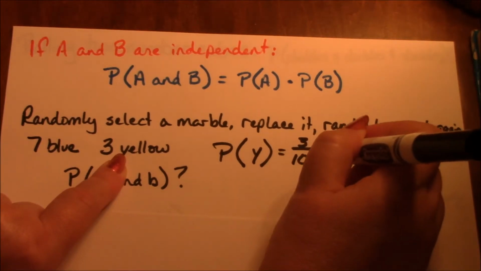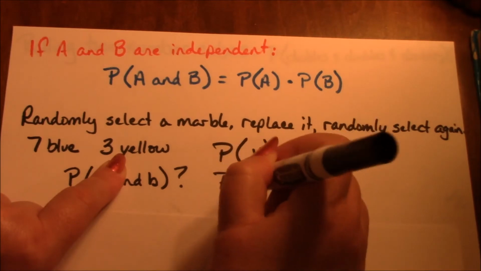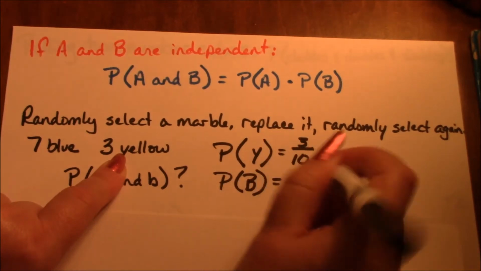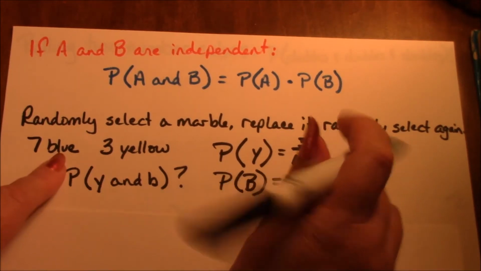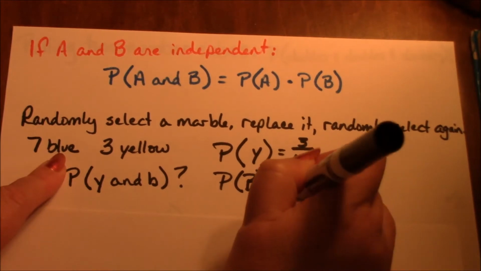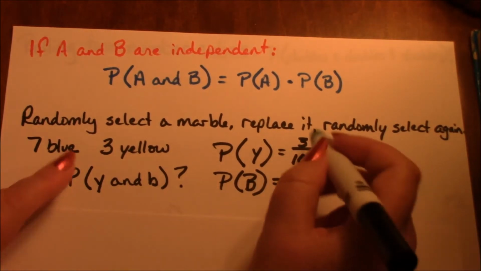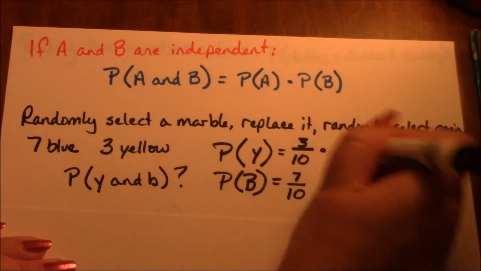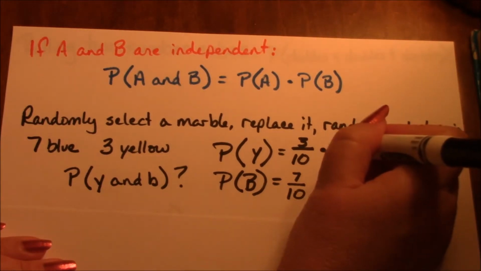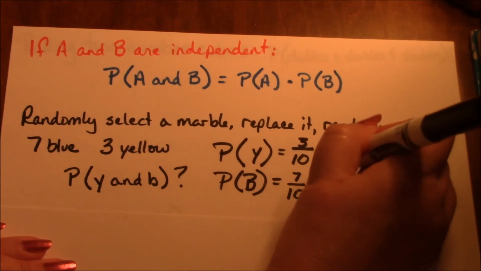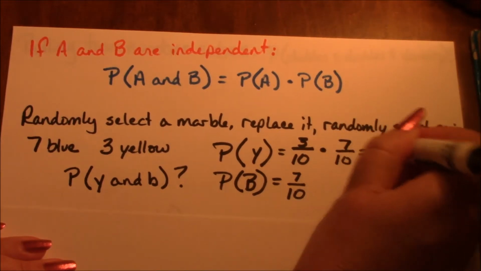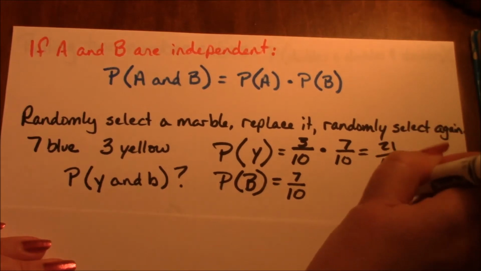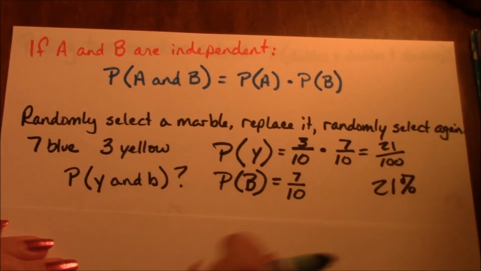And the probability of me pulling a blue when I put that yellow back is going to be 7 out of 10. So I get to multiply these together. The probability of me pulling a yellow and then a blue is going to be the probability of one times the other, which is going to be 21 out of 100, which is a 21% probability.